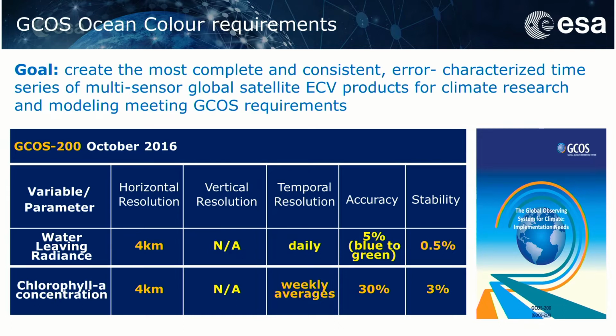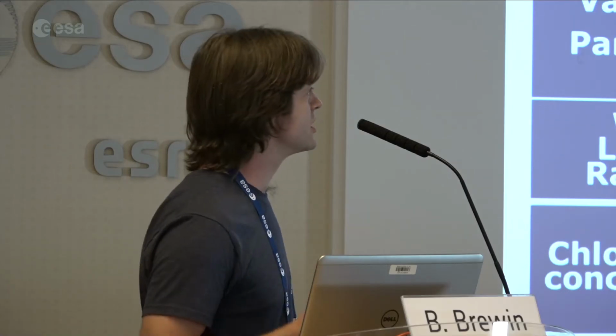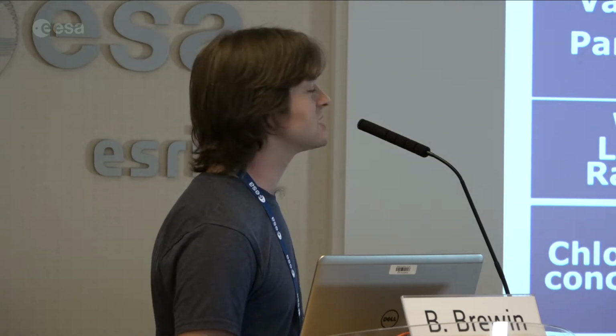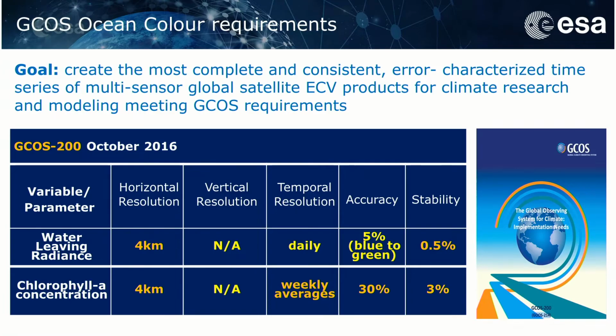Essentially, these are the goals we need to meet in order to ensure that our ocean colour data set is of climate quality, and these requirements are listed for all the ECVs that GCOS looks at. There's a document available to download off the internet if you want to have a look. So the goal, in terms of any ECV, is to create a consistent error-characterised time series of global satellite ECV products for climate research and modelling.